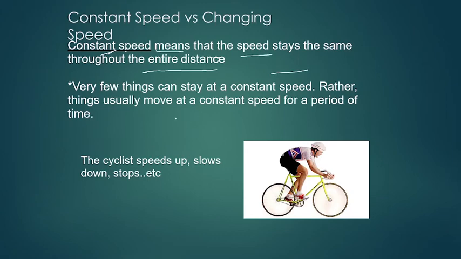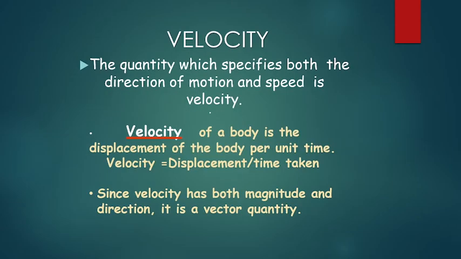And what is changing speed? When through a journey the speed is increasing or decreasing, then it is called changing speed. Constant speed means throughout the entire distance the speed is same, and changing speed means the speed is changing, increasing or decreasing, it is not same.